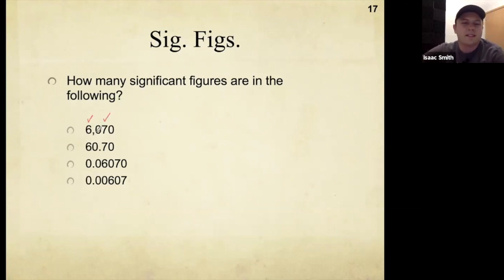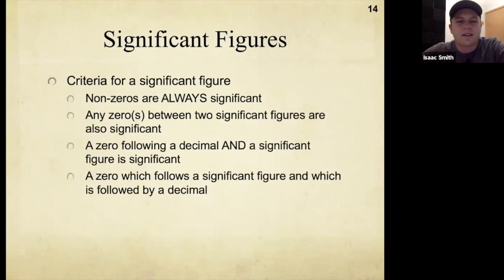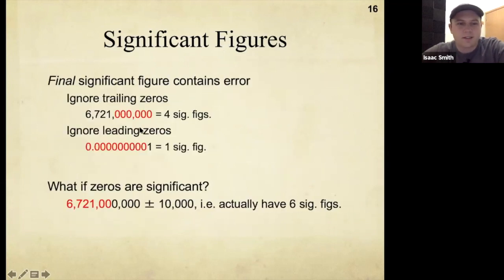And then any zero that is between 2 significant figures is also significant. That should be in our criteria. The second one, right? Any zeros between two significant figures are also significant. So that gives us that one.